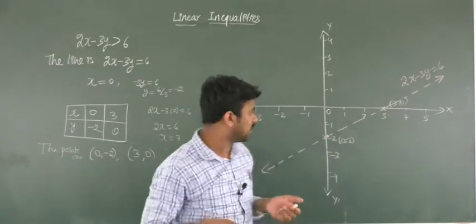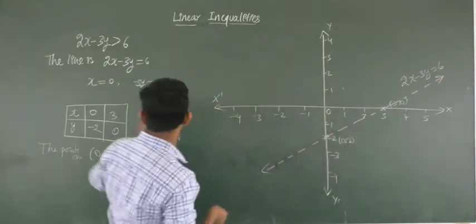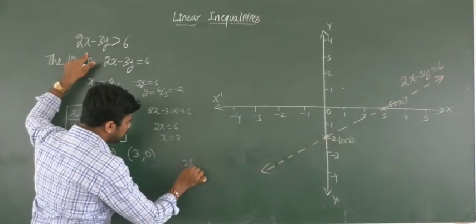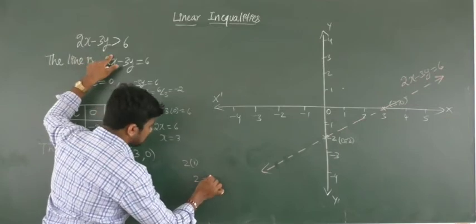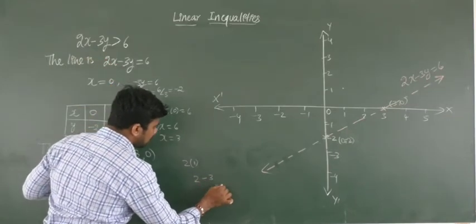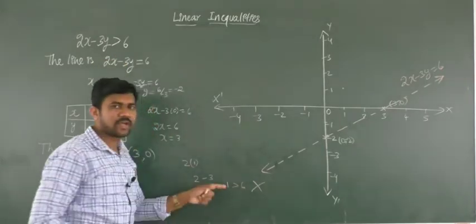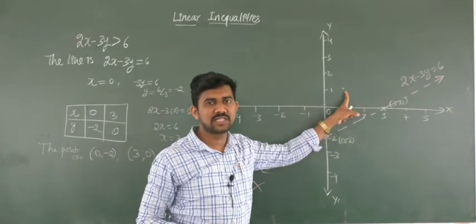For example, if we consider the point (1, 1), check whether it satisfies this inequation. 2 into 1 is 2, minus 3 into 1 is 3. 2 minus 3 is minus 1. Minus 1 is greater than 6 is false here. So (1, 1) does not lie in the solution region.